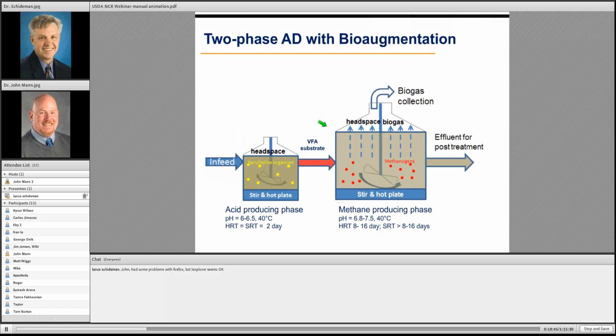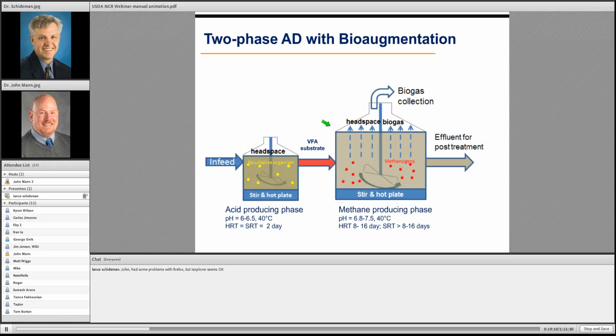The methane phase typically likes to operate at a higher pH and a longer retention time than is necessary for the acid-producing phase. Although anaerobic digestion is commonly done all together in one tank, it can be done more efficiently if it's separated into two tanks.